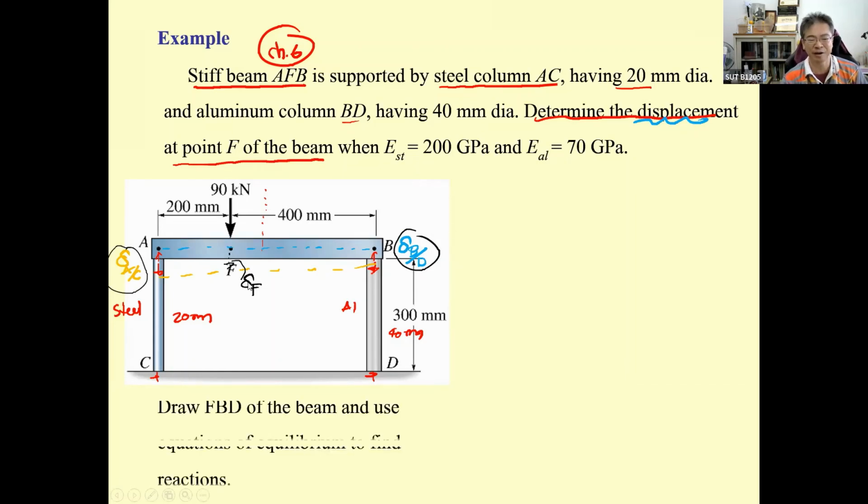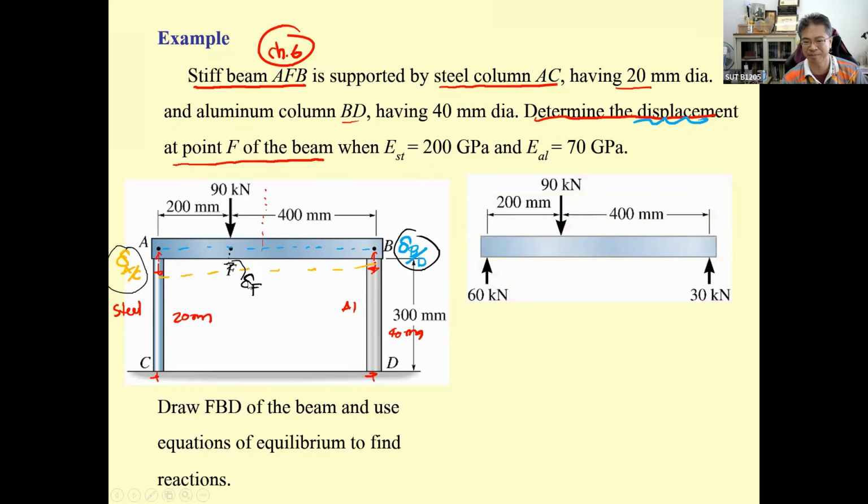So the first one, draw the free body diagram of the beam, and then take the moment, summation of the moment at B equal to 0. And this is going to be F sub A. F sub A rotate in this direction, and F sub A times 600. Okay, and then it's going to be 90 in the reverse direction, 90 times 400.